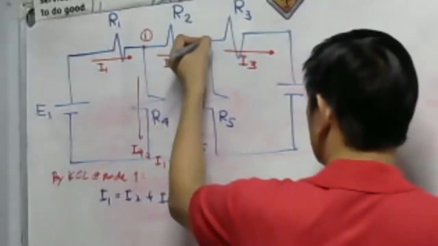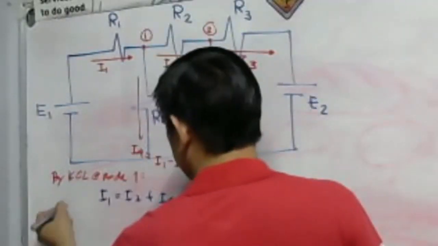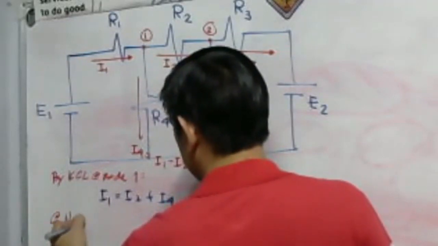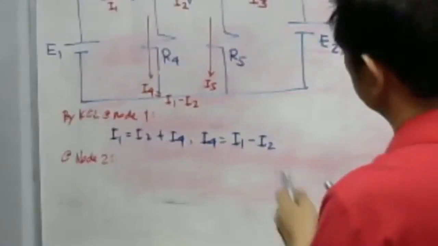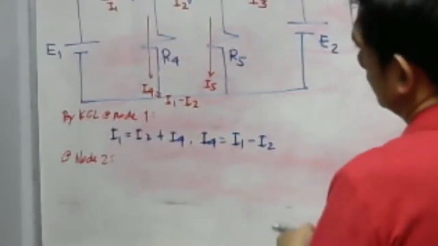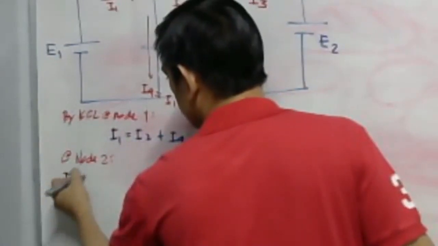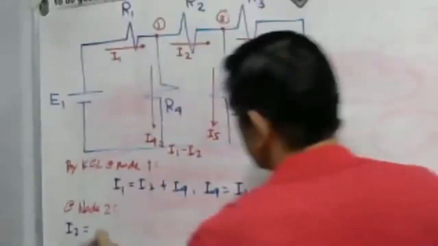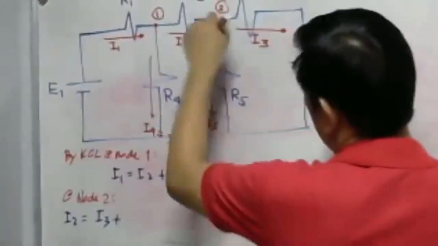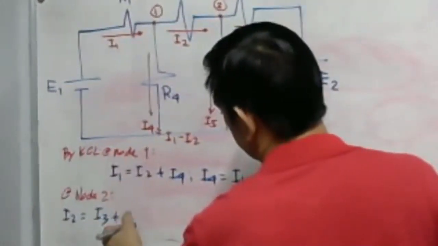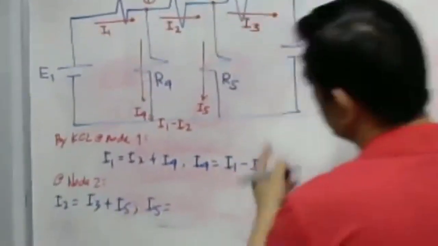What about at node 2? This is our node 2. By Kirchhoff's current law at node 2, our current entering is I sub 2, which is equal to the current leaving, I sub 3 plus I sub 5. So what is now the equation for our I sub 5?